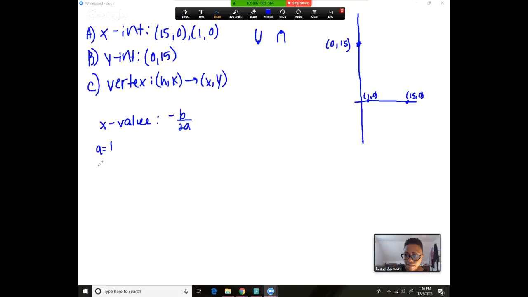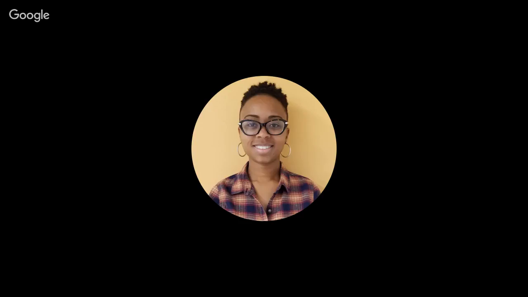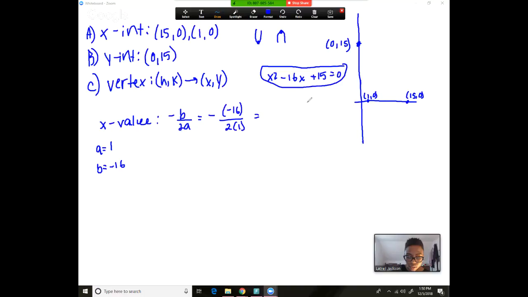Here's our equation again: x squared minus 16x plus 15. Okay, negative b over 2a. So negative, the b is negative 16. Cool. All right, so I'm going to keep the negative out here and work with the fraction first.